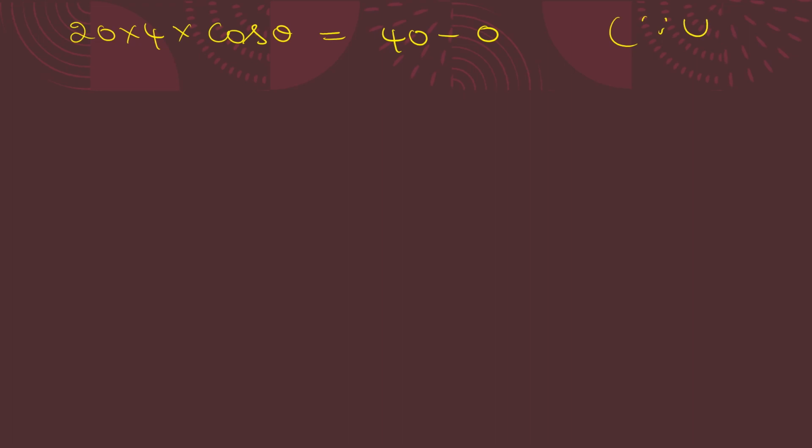Here since u is equal to 0. So 20 into 4, 80. 80 cos theta is equal to 40 minus 0, 40.